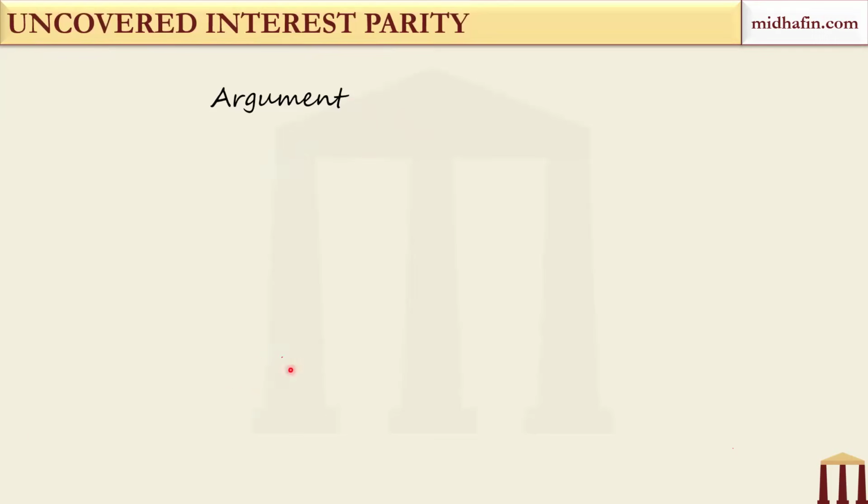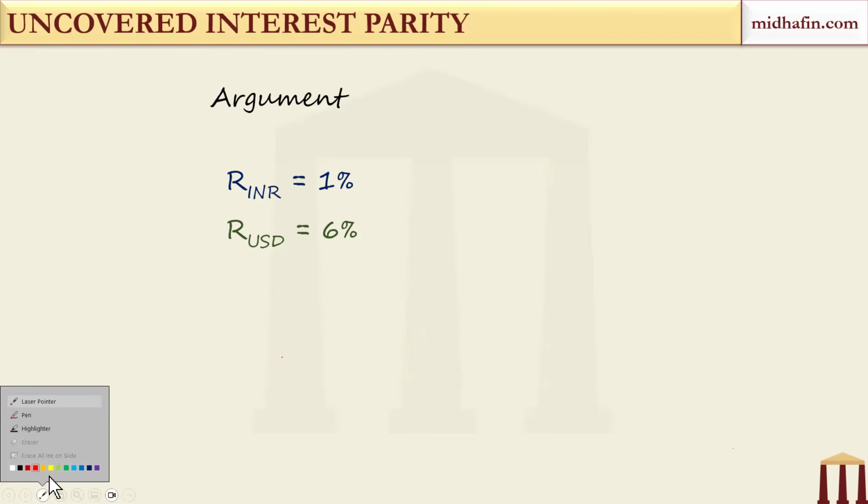So let's take an example for uncovered. Let's say the exchange rate, although it's more than 80 now or close to 80, but let's assume it is 75 rupees per dollar, 75 INR per USD. I'll write it down.